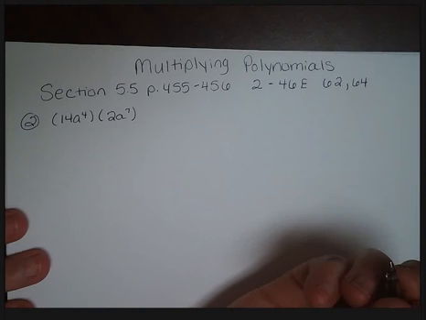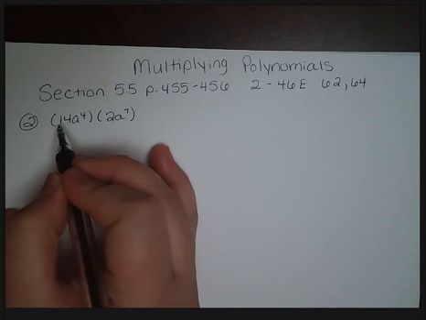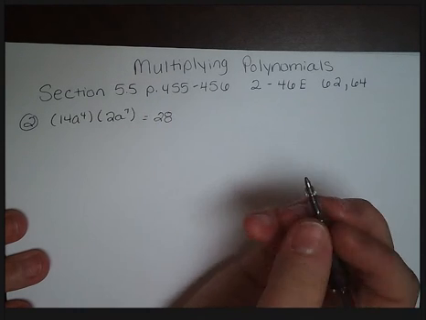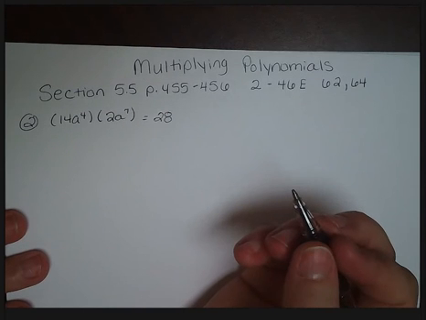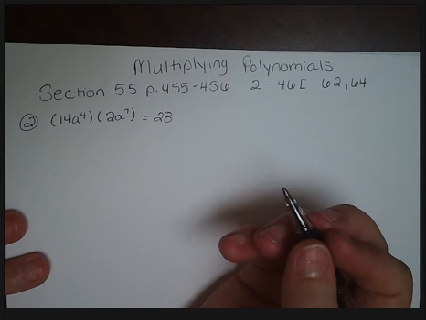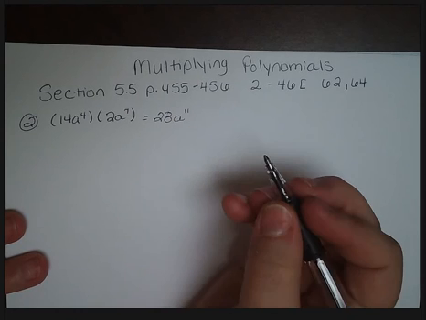And remember, when you have these coefficients, you multiply them together. So 14 times 2 is 28. And then a to the 4th times a to the 7th. Remember, when you multiply those bases, you're going to add the exponents. So 4 plus 7 gives you 11. So your final answer is 28a to the 11th.